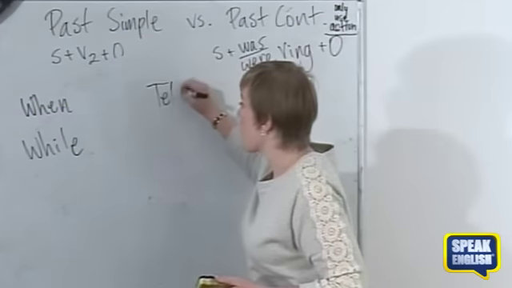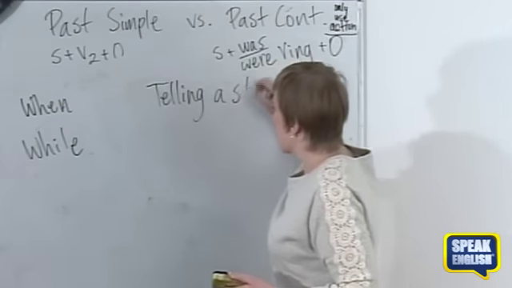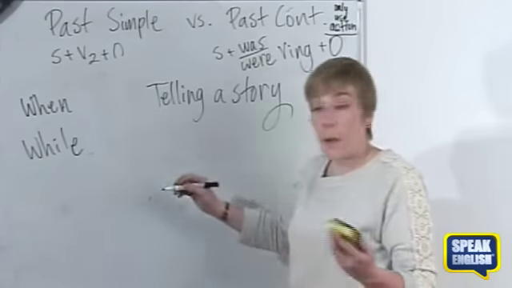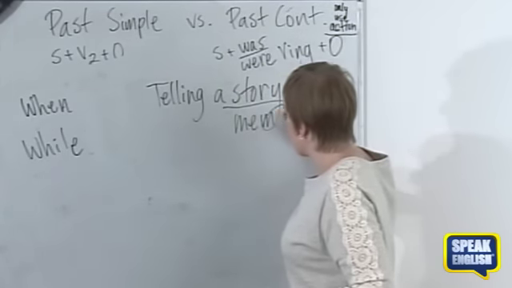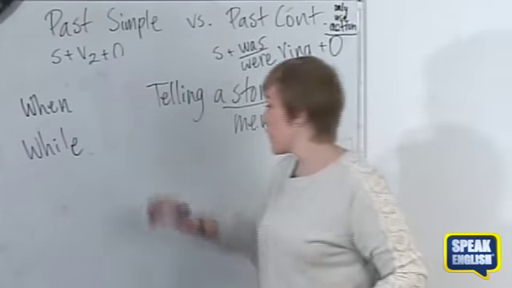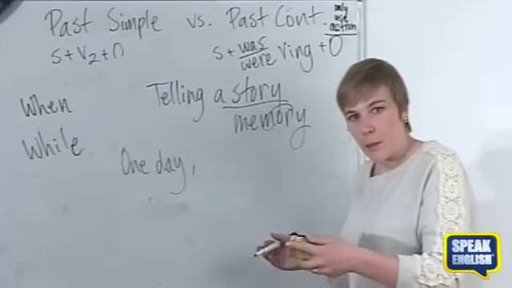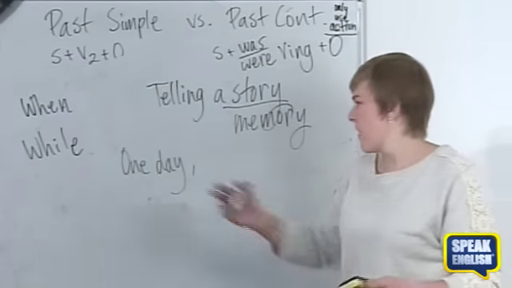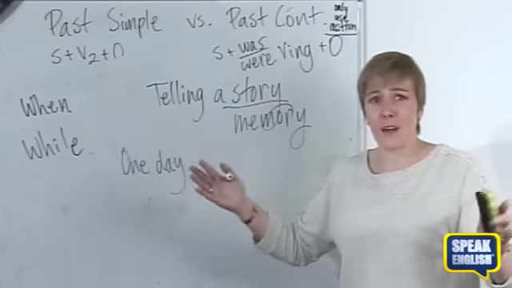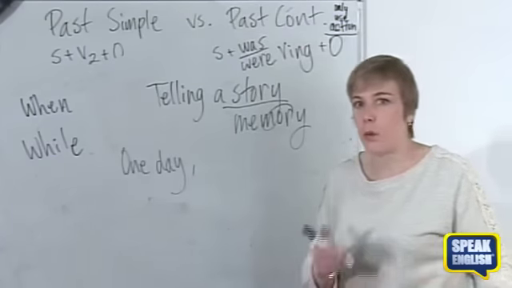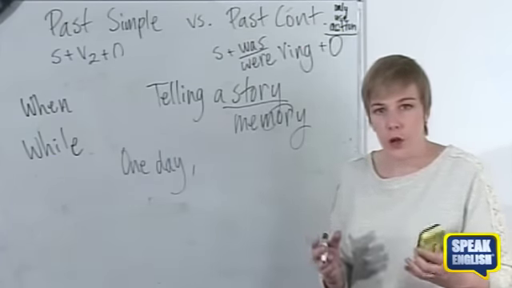Maybe we are telling a story or a memory. Everybody starts with one day, blah, blah, blah. But let's tell the person more than one day. When is one day? Was it 10 years ago? Was it yesterday? Was it 1 year ago?